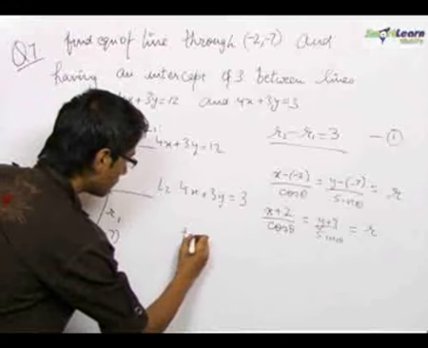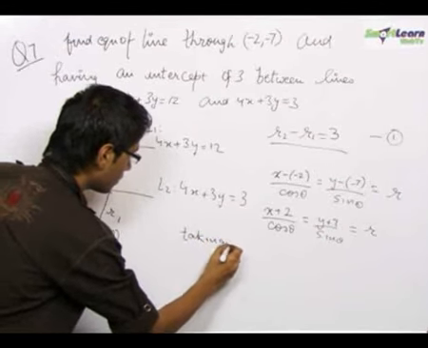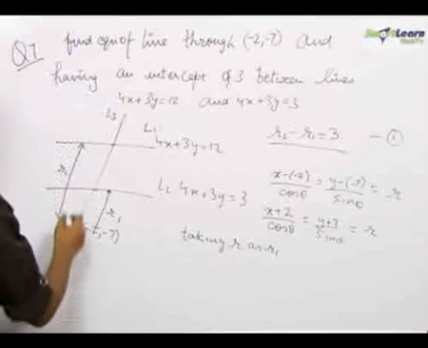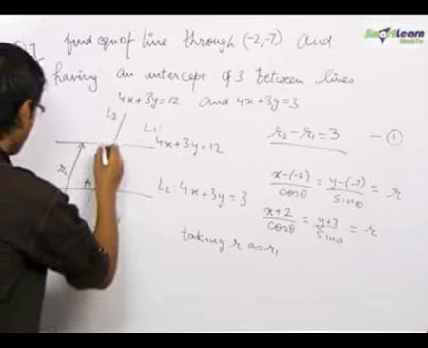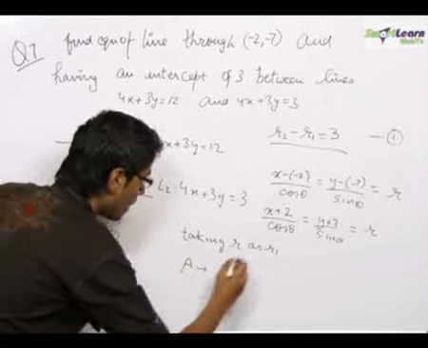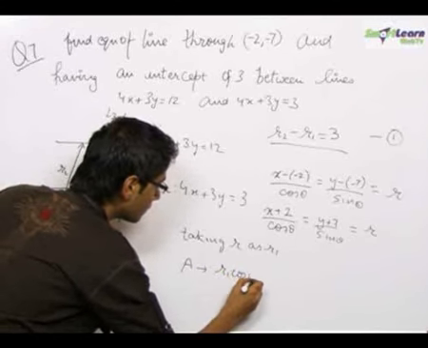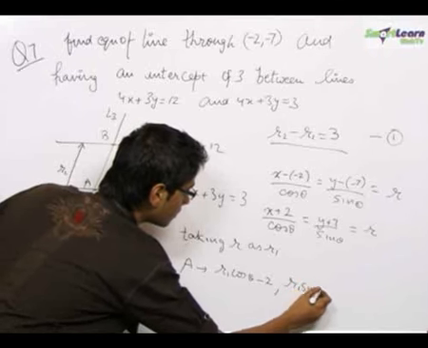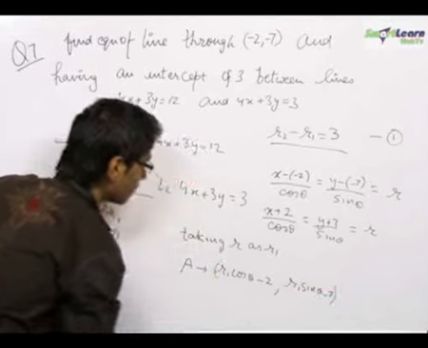Now taking r as r1, we can easily get the coordinates of point A. The coordinates of point A will be (r1 cos θ - 2, r1 sin θ - 7).